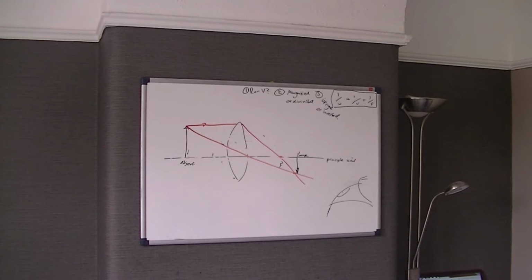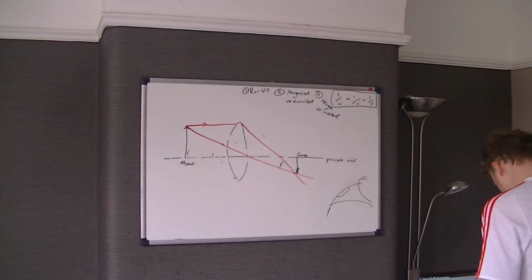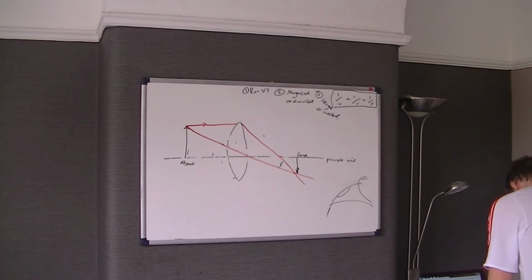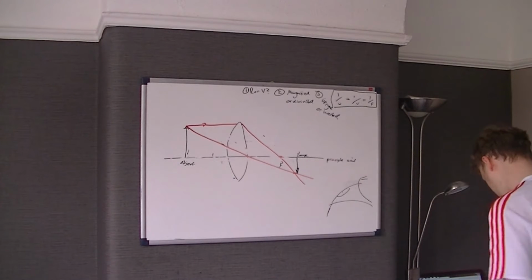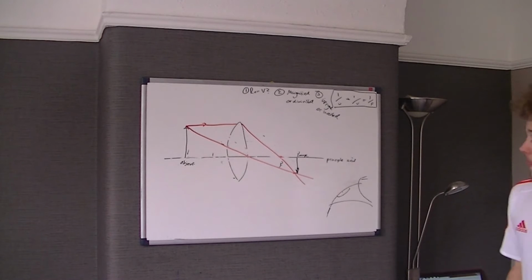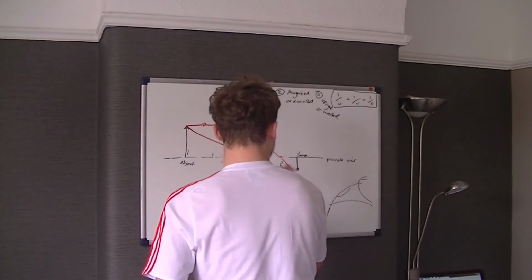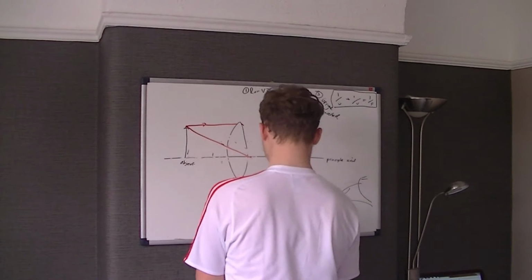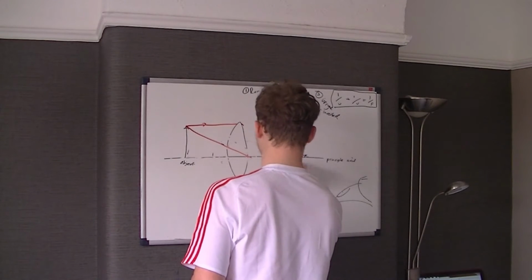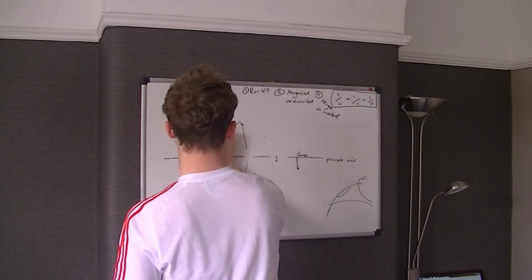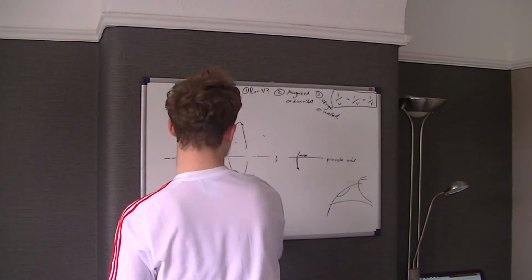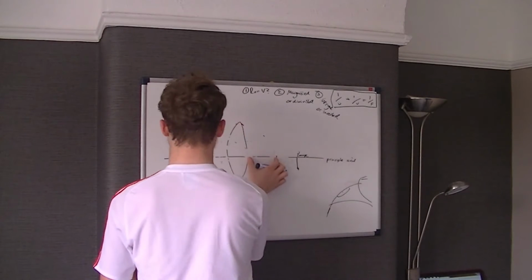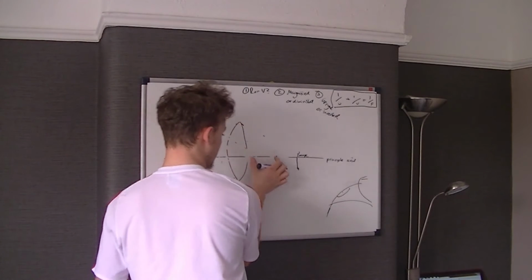Okay, so the next one that we're going to look at is greater than 2 focal lengths. It's the same principle. Sorry, my drawing's gone a bit crud now, but whatever.